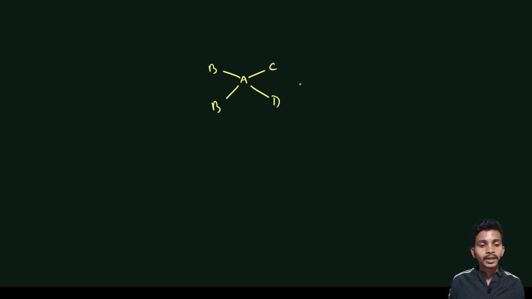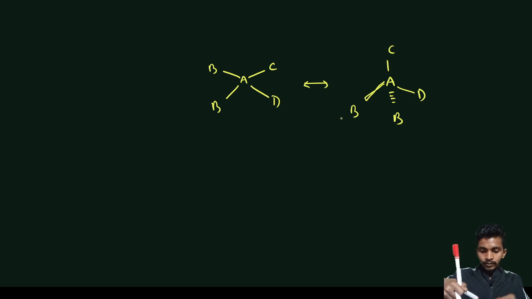For this case, if I rotate it, then I can rotate like this also. Let's say one is here C, another is here D, and one is in the front B, another is back B. So front and back are the same, and one is different, another is different.